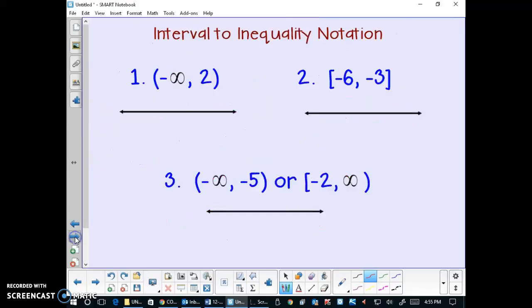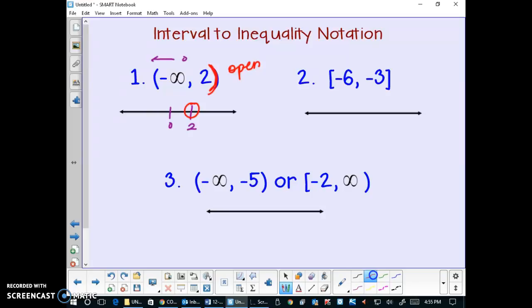Now if we want to go now from interval to inequality notation, again, it's sometimes easiest just to graph it first. So here it's telling you it's shaded from negative infinity all the way to 2. So 0, 2. And at the 2, it's a parenthesis, which means open circle.